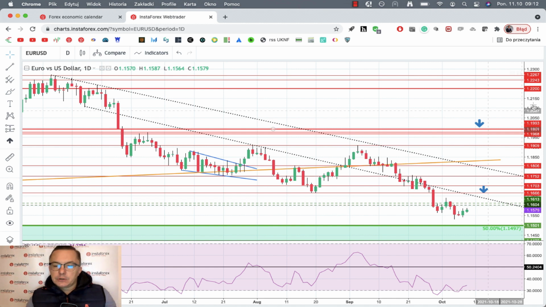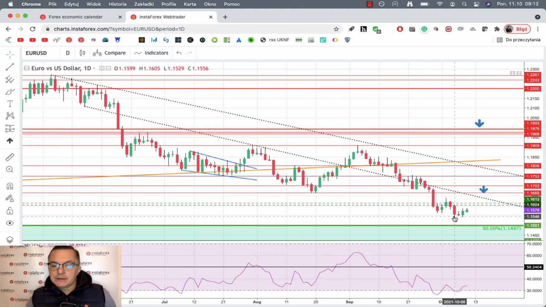What is going on in the euro dollar? As you can see, previous week, a clear down move towards extremely oversold market conditions, right? We got a low here with the RSI at the level of 26, extremely oversold.